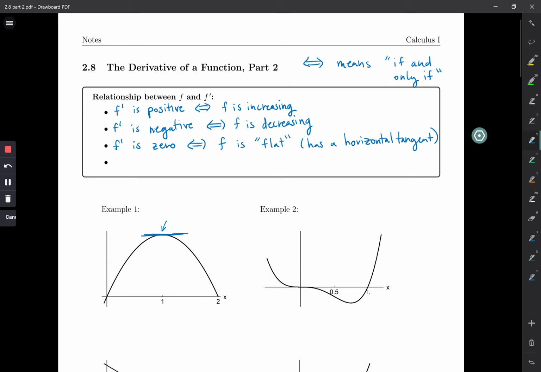So maybe it's easier for you to think of horizontal tangent, but I like to say it's flat at that point. And then also the steeper the function is, the larger the magnitude of f prime.